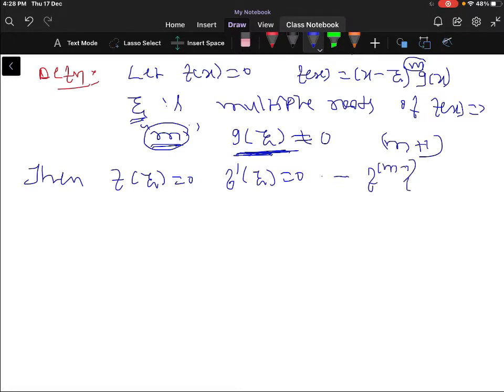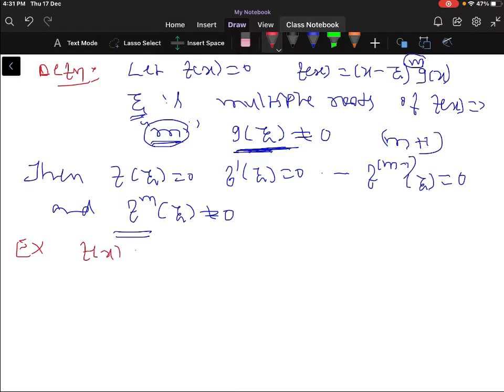The (m minus 1)th derivative of xi is also 0, and the mth derivative of xi is not equal to 0. So this is the property of when xi is a multiple root of the equation f of x equal to 0.